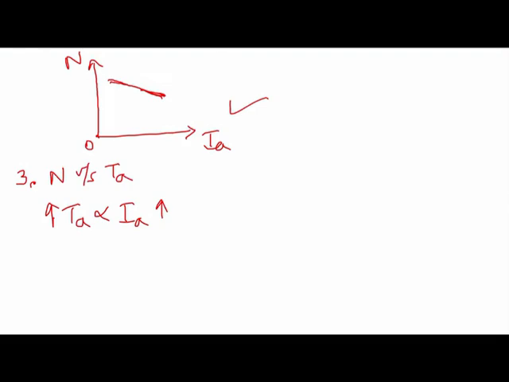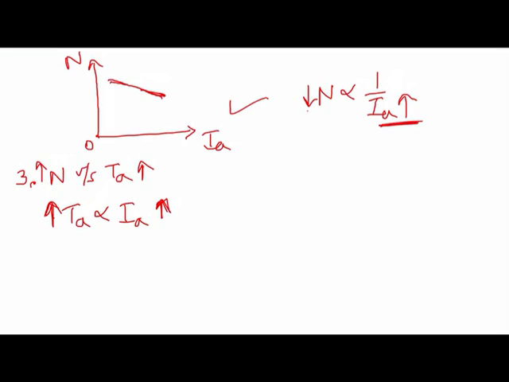So we know the relation between IA and N: it is inverse. As IA increases, torque increases, and as torque increases, the speed will decrease.